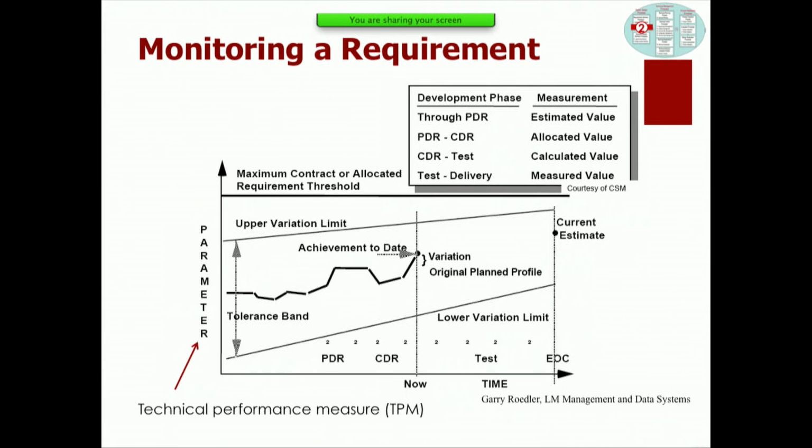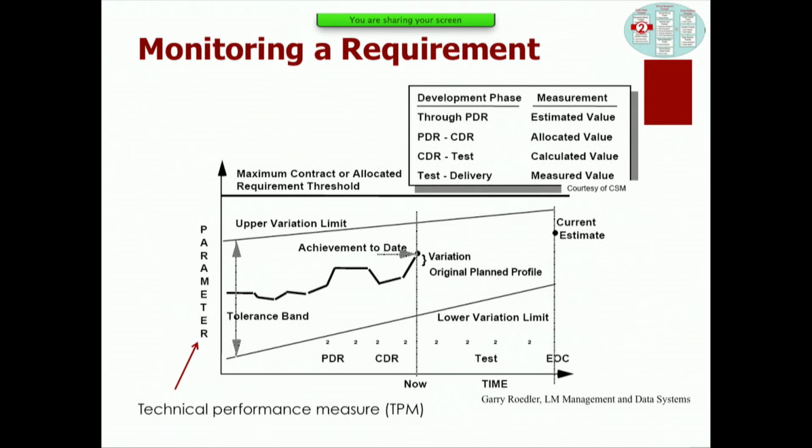The gross takeoff weight of the airplane is very important because it determines the range, it determines a lot of things. And the not-to-exceed number, which is shown here on this chart as the maximum contract or allocated requirements threshold, was contractually specified. Not only that, but there were financial penalties associated with every kilogram that you would be over.